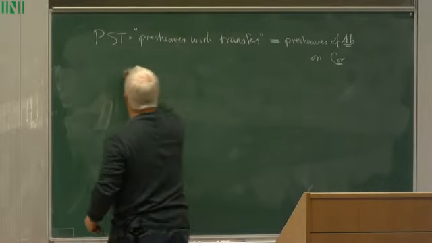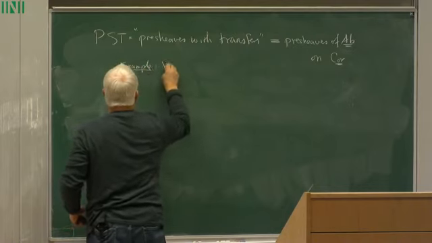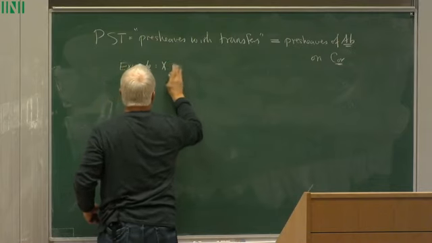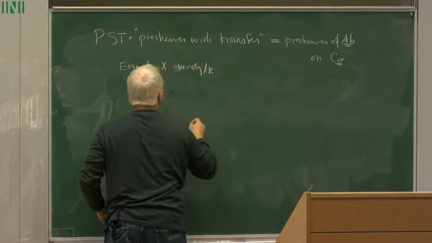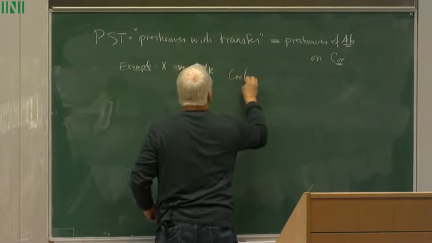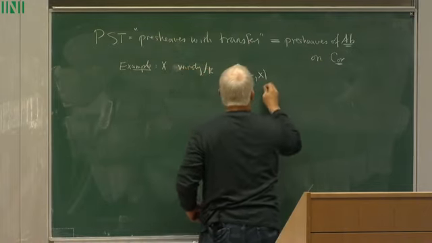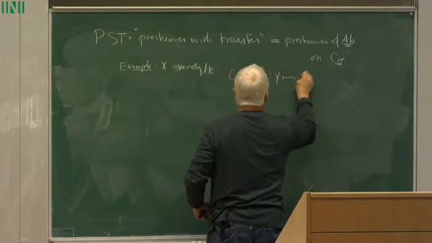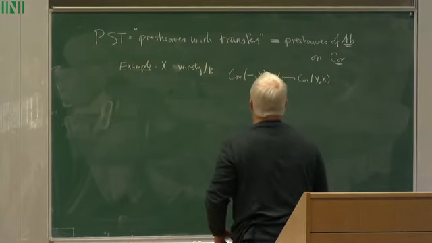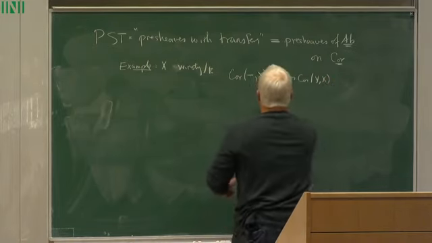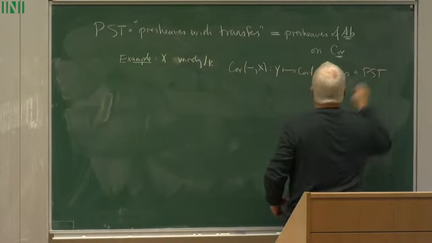So an example of that would be if X is smooth over K, well, is a variety over K. Then I can take correspondences from blank into X. And that is something that's going to take a Y to correspondences between Y and X. Now I realize that I've just reversed the order of X and Y, but I hope that's not a problem. And so this is a pre-sheaf with transfers.